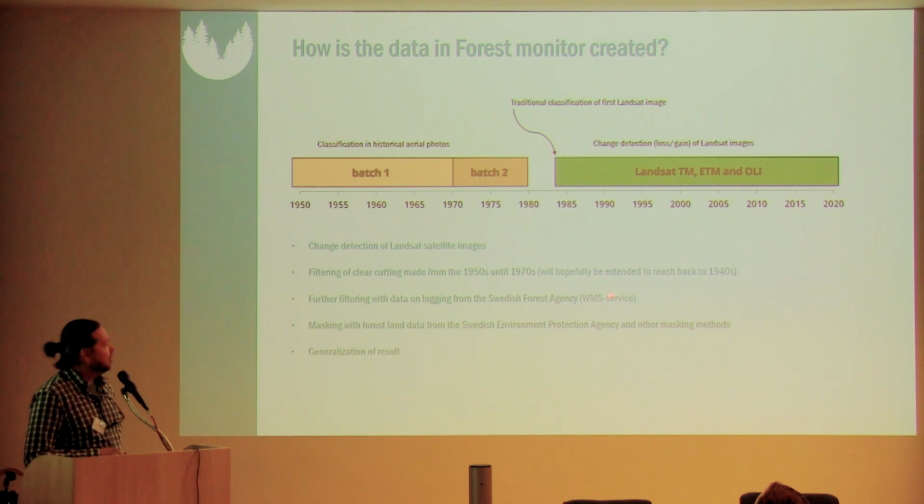They can provide data back to the 2000s. We will probably go over to doing the continuous updating of the data ourselves, to remove patches which have been logged. And we use a mask, of course, for the forest landscape so that we know that it is actually forest landscape we are working on.